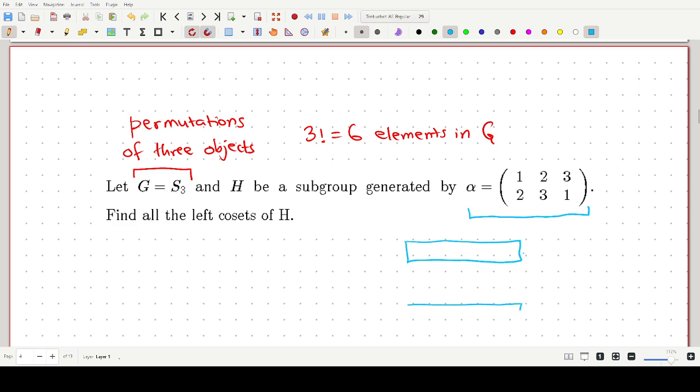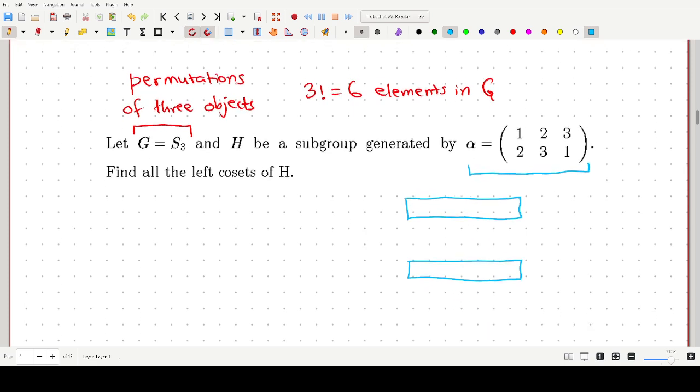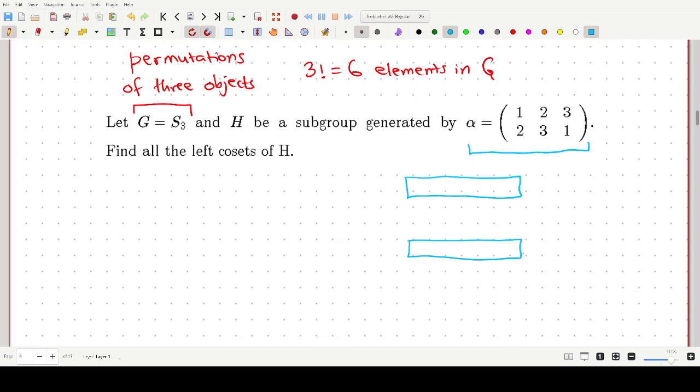So let us try to get an idea about how this permutation looks pictorially. So first, second and third positions. Let us assume that there is an element A in the first position, an element B in the second position, and an element C in the third position.